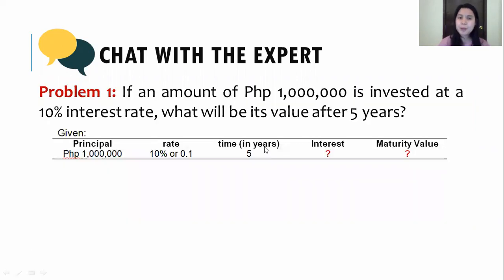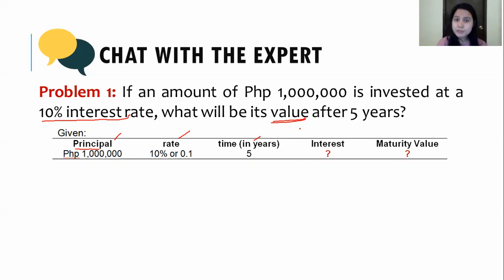Example, problem number 1. If an amount of 1 million, that's our principal, is invested at 10% interest rate, that's our rate, what will be its value after 5 years? The time is 5. So we need to look for the interest first. But remember, what is being asked is the value.